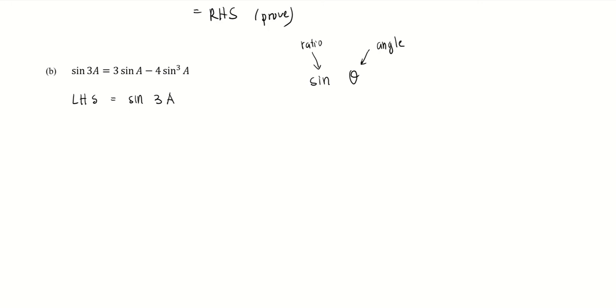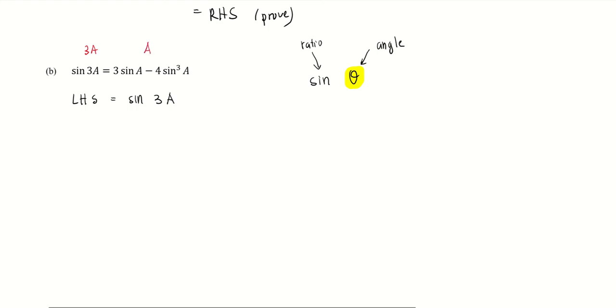So to prove, we need to focus on angle first. We see whether there is a change or not in angle. After the angle is settled, we can focus on changing the ratio. So in this question, if we look at the left hand side, the angle is 3A, and at the right hand side, the angle is A.